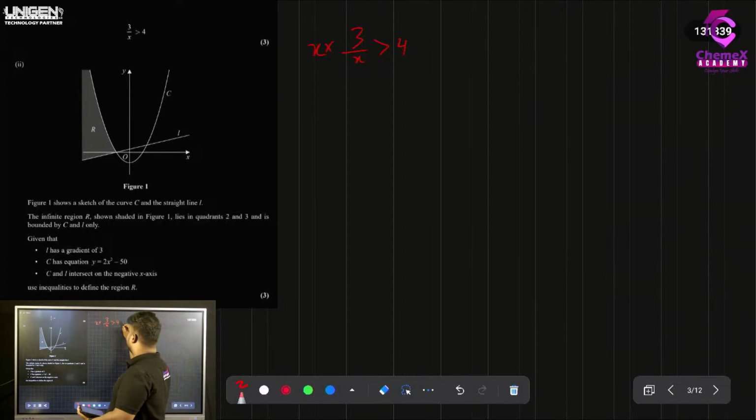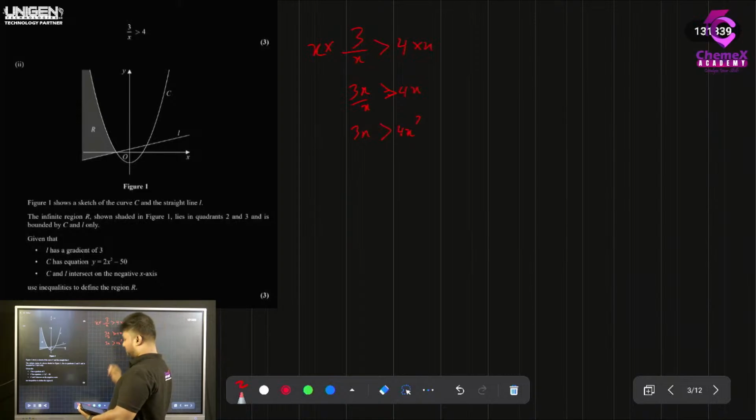Then what do you get? 3x over x equals 4x, then 3 is not equal, this sign is there, 4x squared. I know you will say just cancel this.